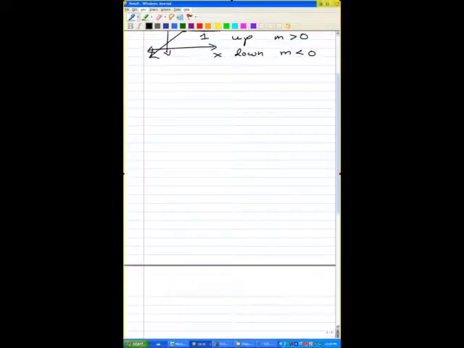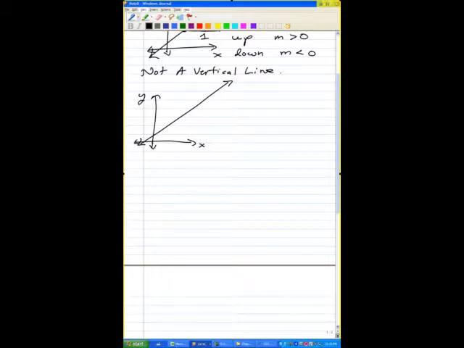So again, let me assume that I have some line relative to some coordinate system, and assume that this is not a vertical line. Then I can think of the slope as follows.